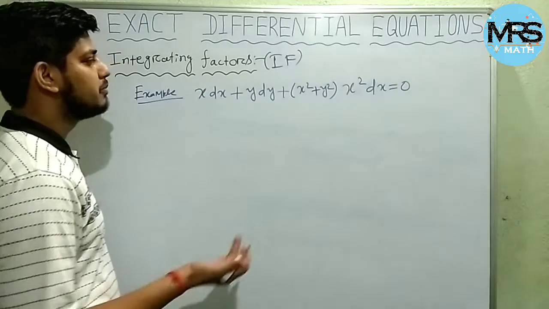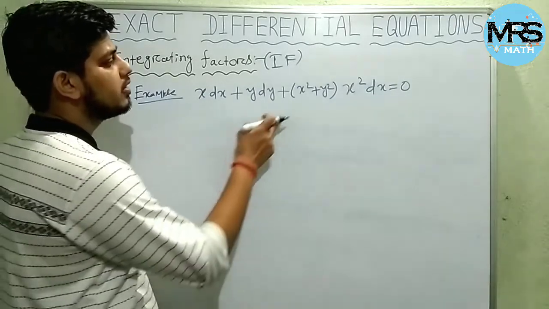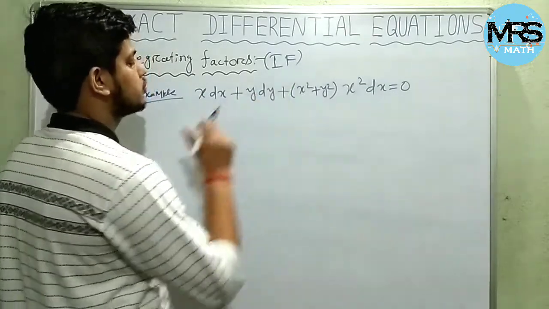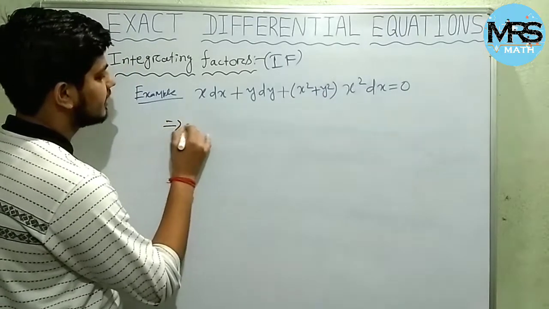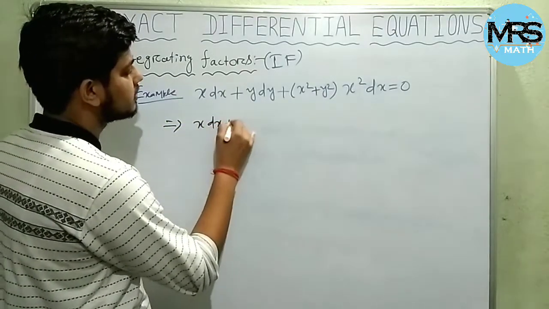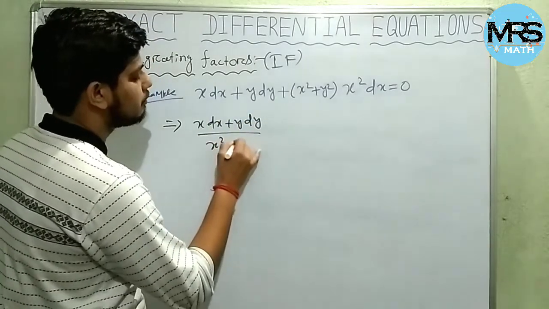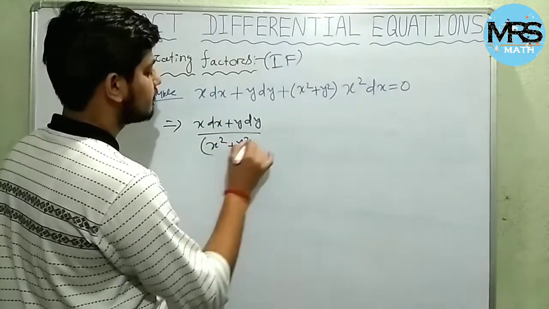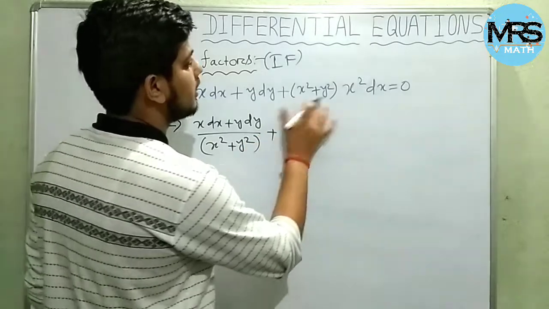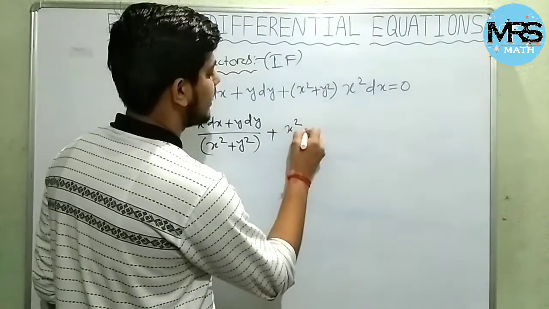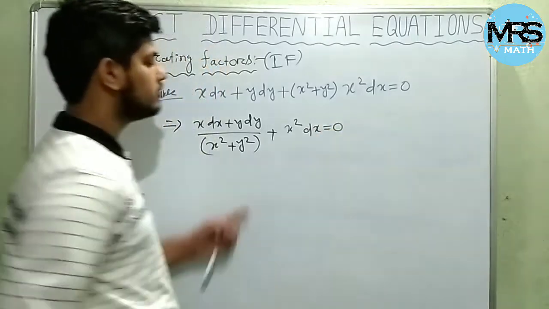So let us multiply this differential equation by 1 over x square plus y square. Then what you will get? That is (x dx + y dy) over (x square plus y square), plus x square dx equal to 0.